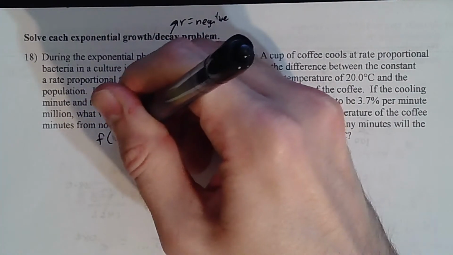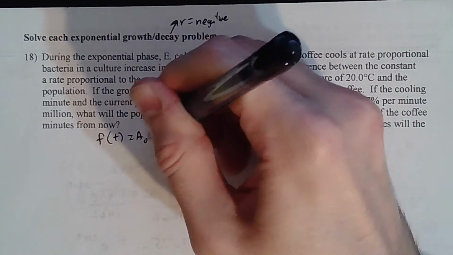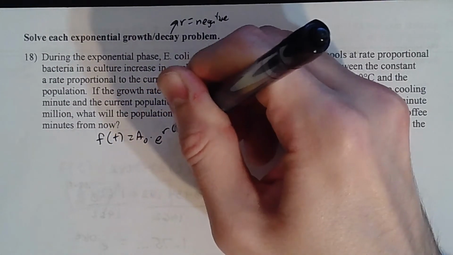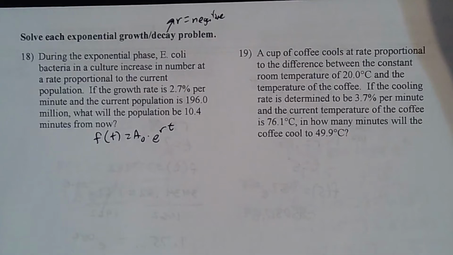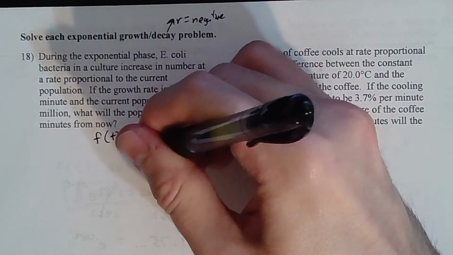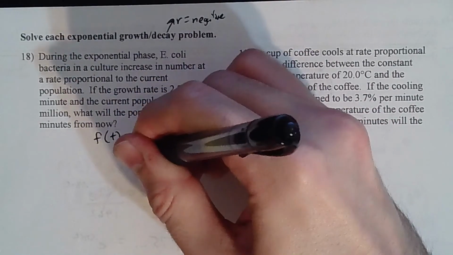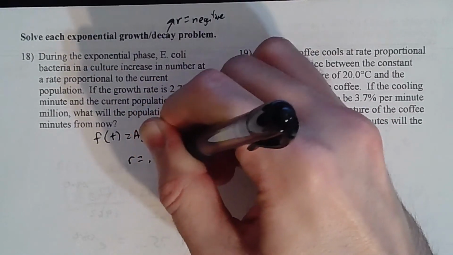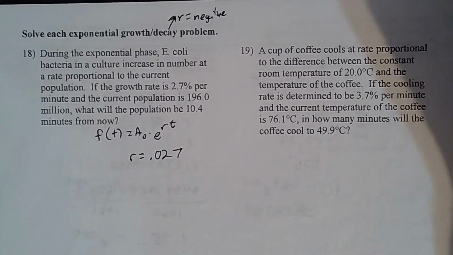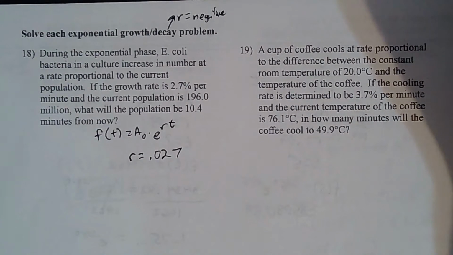I'm going to write it down just so we have it on this page again. So the growth rate is 2.7% per minute. So that means that we have r is equal to 0.027. And the current population is 1960.